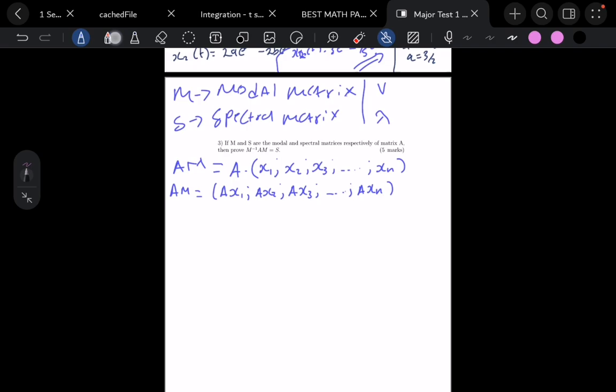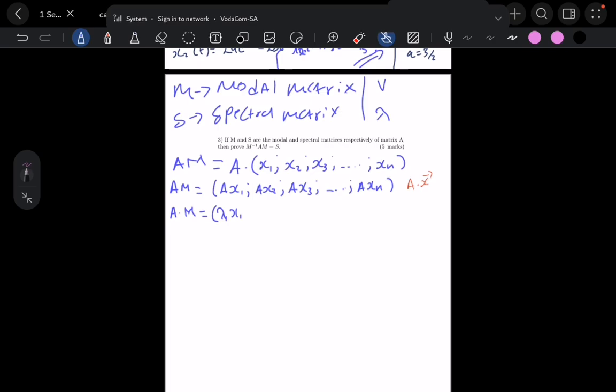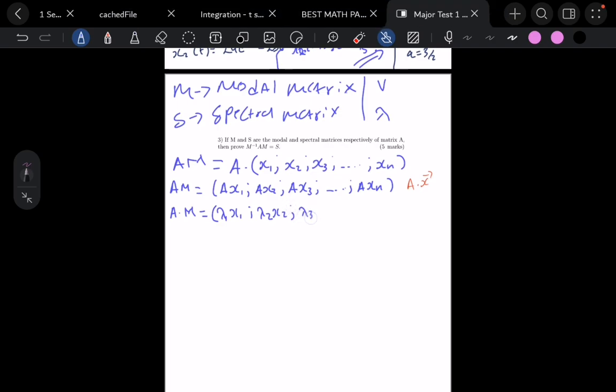Now what you remember is that whenever you multiply a matrix with an eigenvector, you will get an eigenvalue times an eigenvector. So A times M is the same thing as lambda 1 x1, lambda 2 x2, lambda 3 x3, dot dot, lambda n xn. So the first part is done.